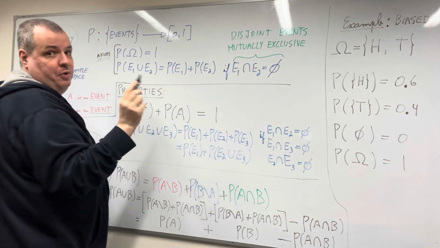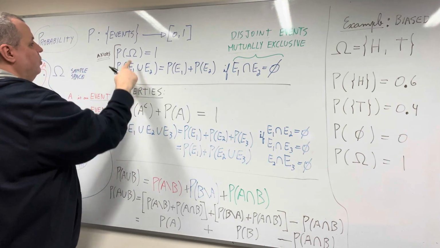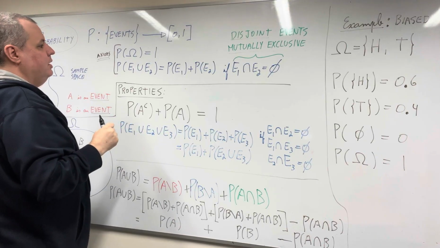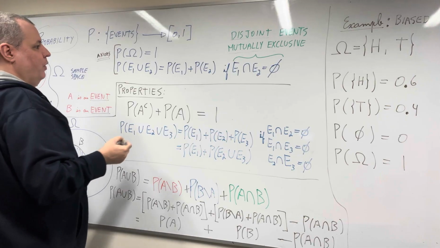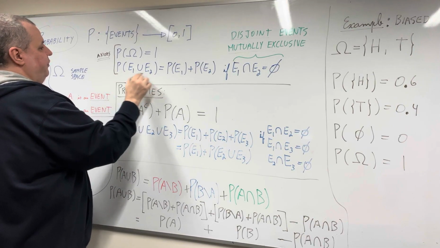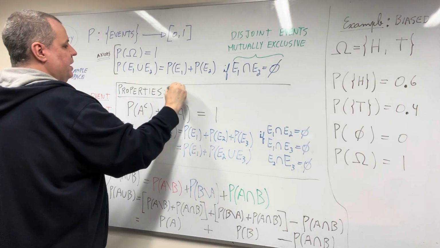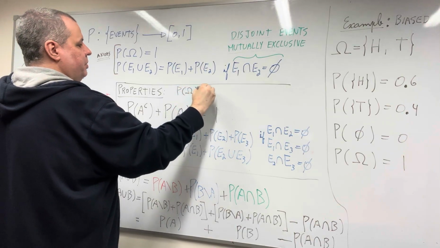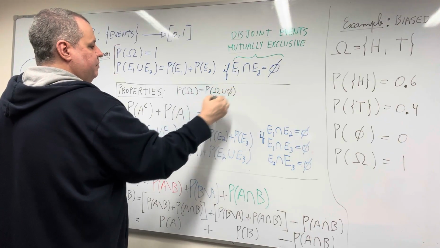Now let's see a couple of properties. Suppose the event E1 is the whole sample space and event E2 is the empty set. So what do we have? Well, the probability of E1 union E2 is the probability of the sample space union the empty set.